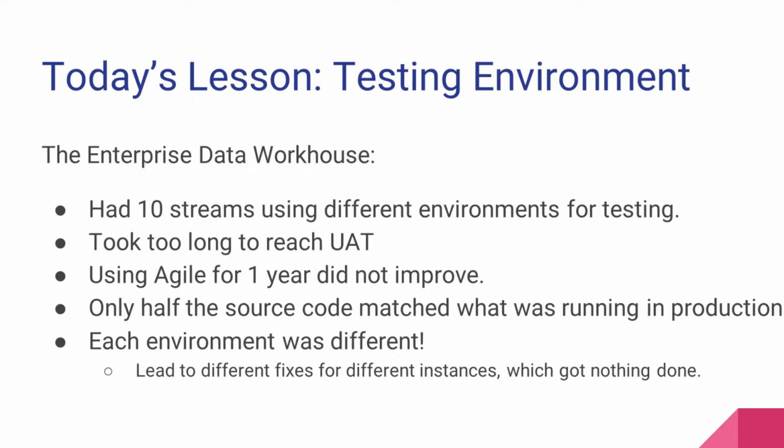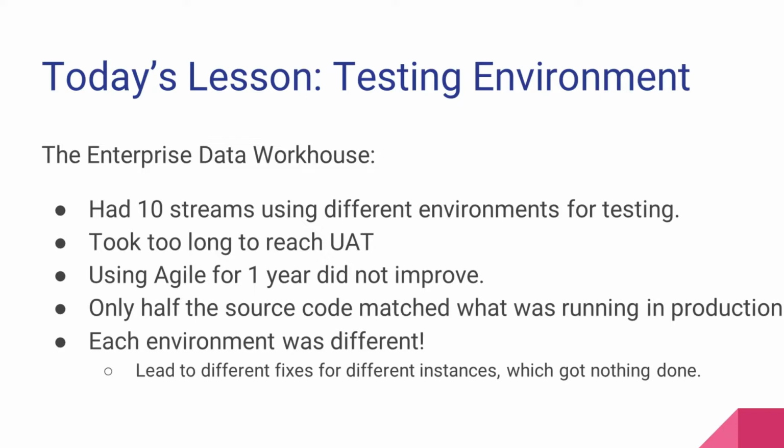The reason behind all of this is because their test environment was different. Because each environment was different, whenever there was a deployment, there were fixes applied to that specific environment, and the changes weren't made back to the main version that was supposed to be deployed on everything. Every environment was different, every machine works differently from the other.